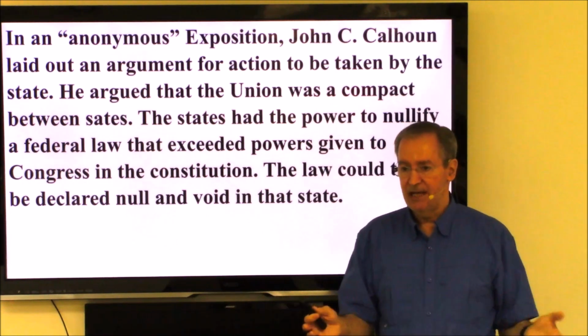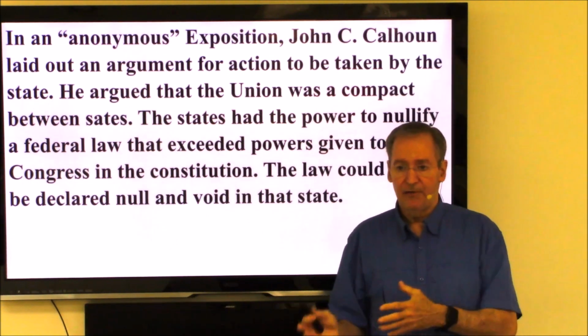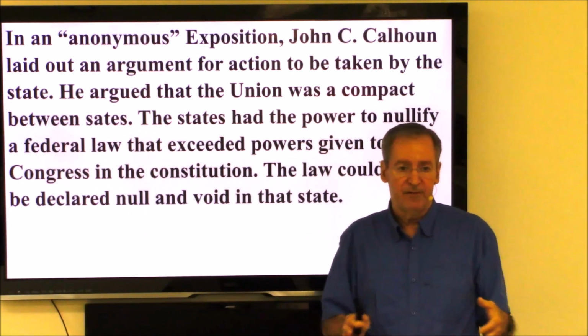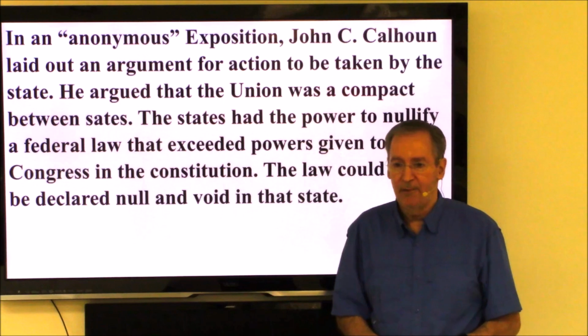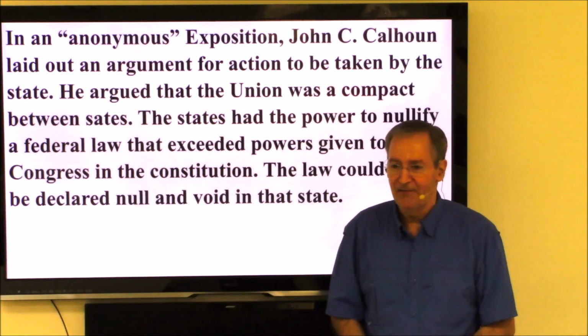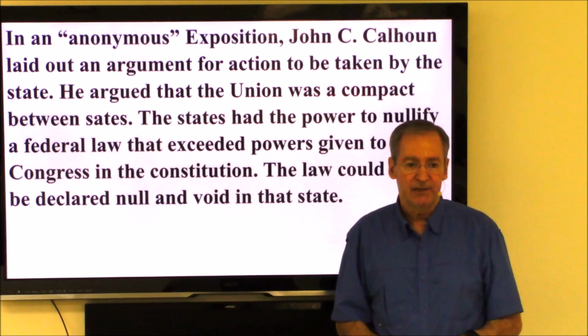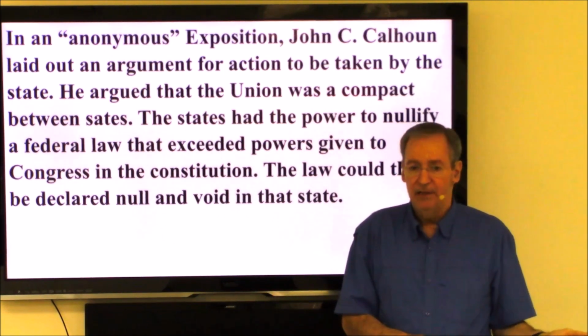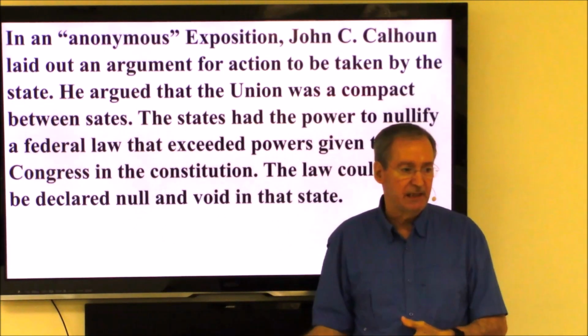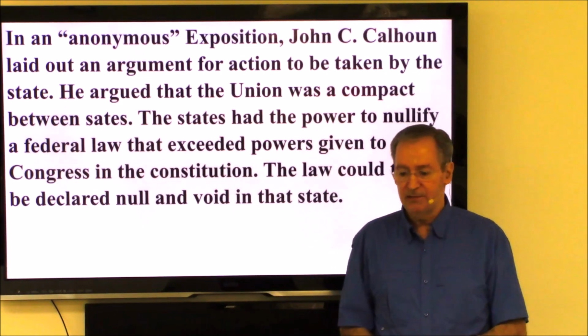Do I think the South had the legal authority under the Constitution to secede from the Union? No, I don't think that at all, and I'm born and raised in the South. There is no room in the Constitution for a state to secede or to nullify anything within the Constitution. The way you handle that is through legislation, through your elected officials, and so on.